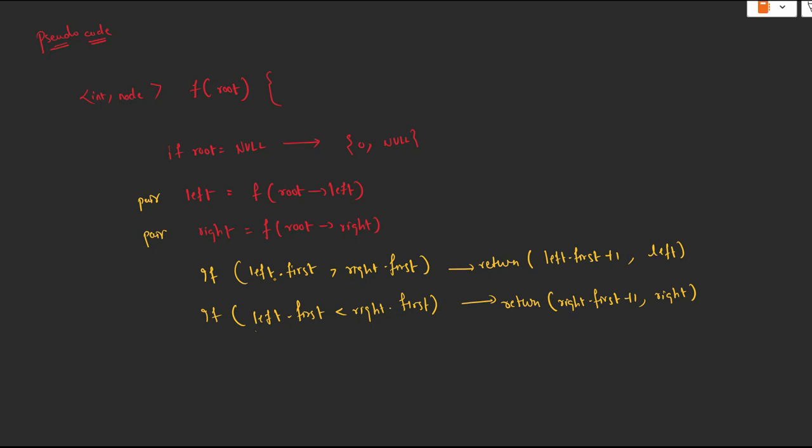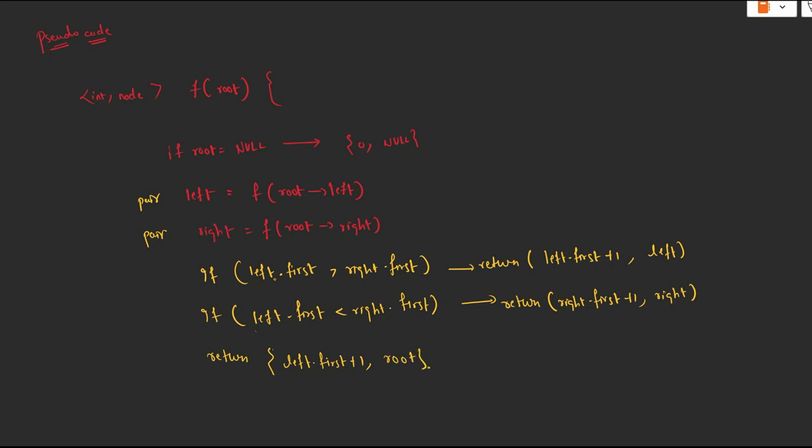If both conditions are not true, then the depths are the same. So we have to return the ancestor, and the ancestor is the root itself. So we return left dot first plus 1, comma, the node itself, because the left depth and right depth are the same, so we return the ancestor, which is the root itself.